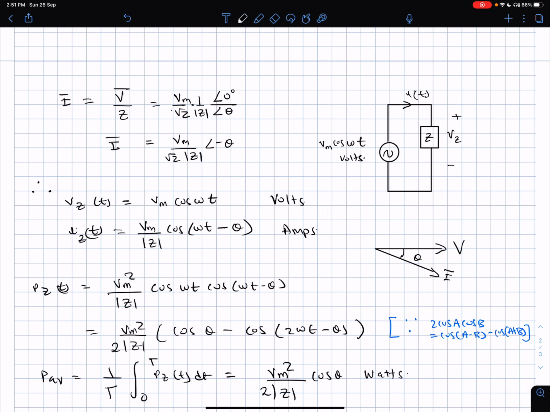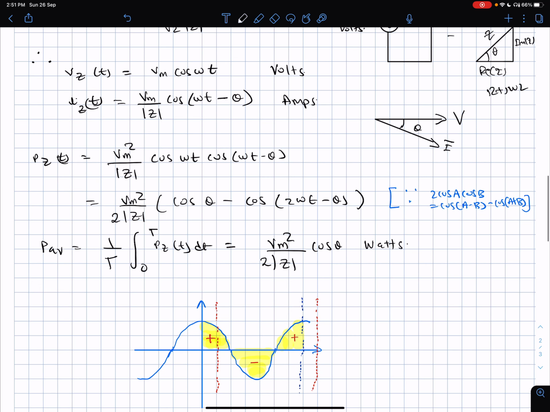If you take this as the real part of Z and this as the imaginary part of Z and complete this right angle triangle, this is the impedance angle. For example, if it was an inductive circuit, R plus j omega L, then theta would turn out to be positive as shown here.